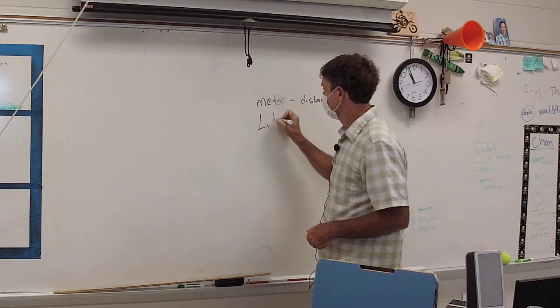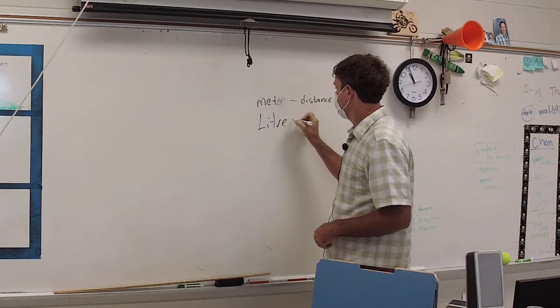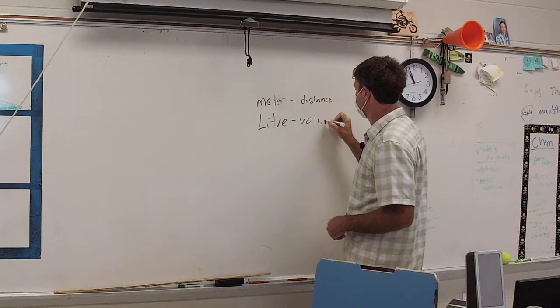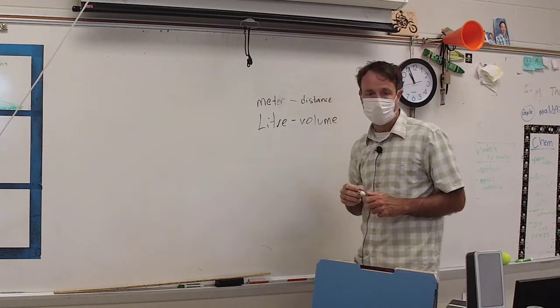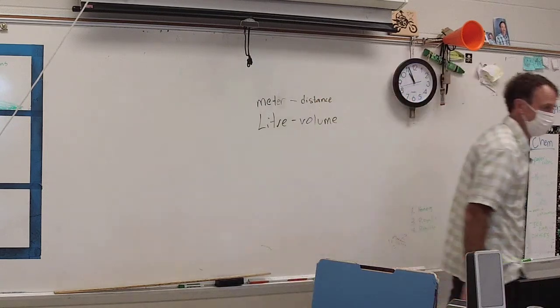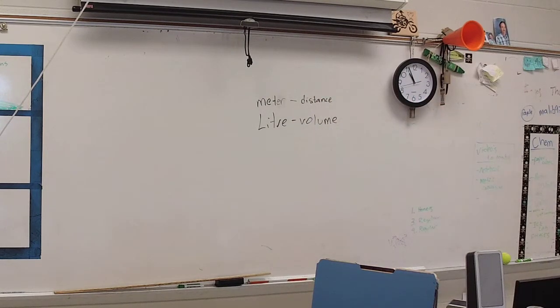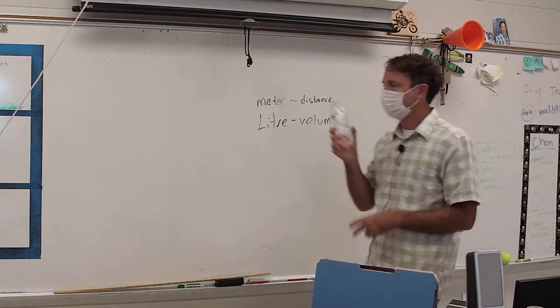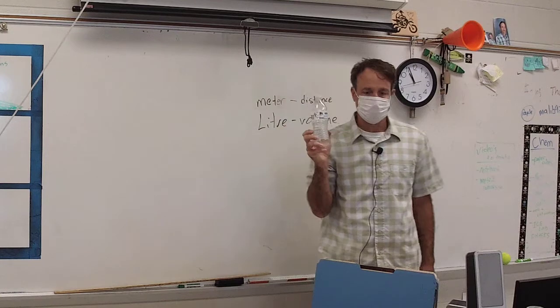A liter, that is a unit of volume. Okay? And if you wonder what a liter is, a liter is 2 of these water bottles that you buy from Food Lion. Okay?